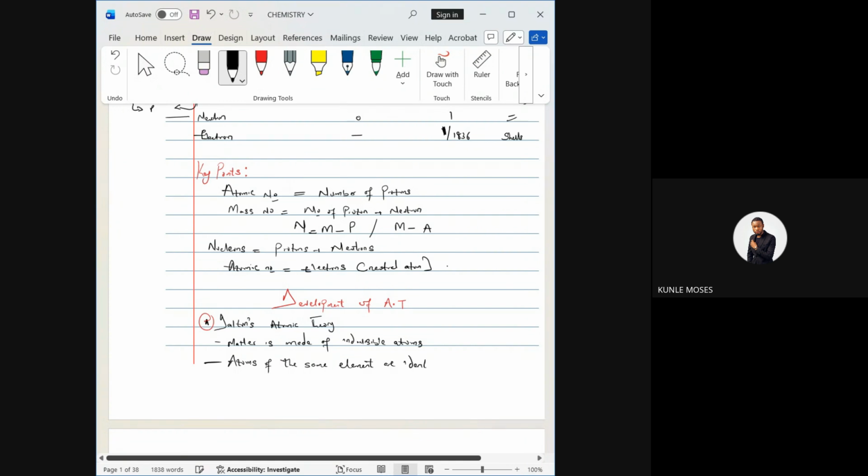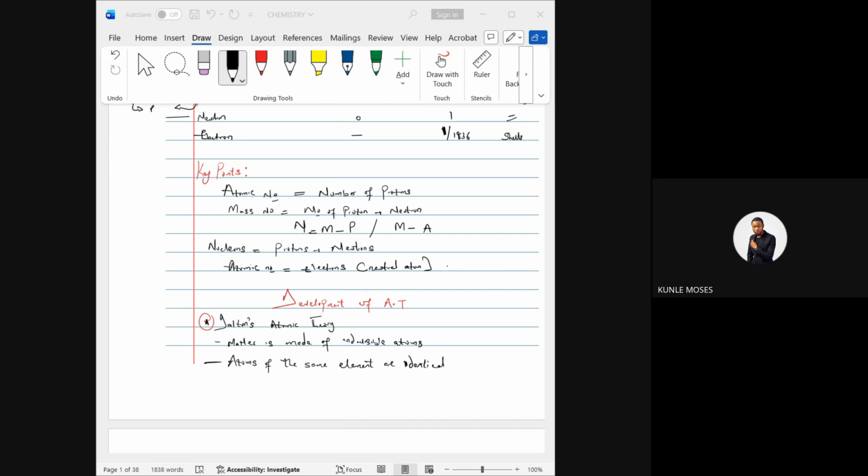I want you to understand the theory, so that when you are reading, it will be easy for you. Anybody? Can you unmute your mic and talk? Okay, atoms of the same element are identical in the sense that they have the same chemical and physical properties, melting and boiling points. Very good.